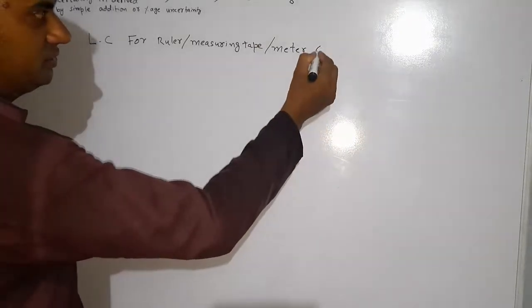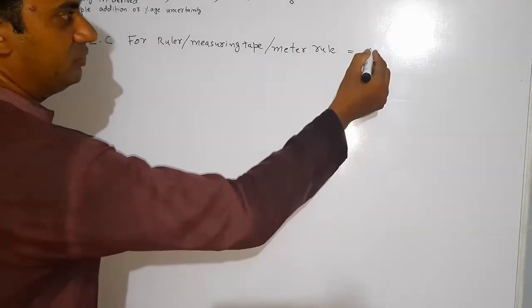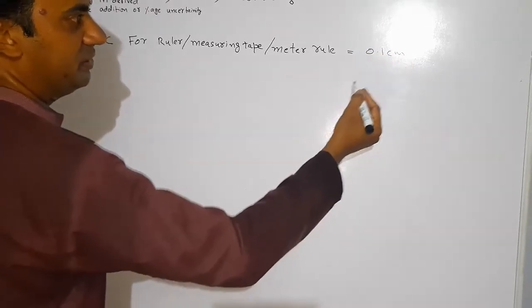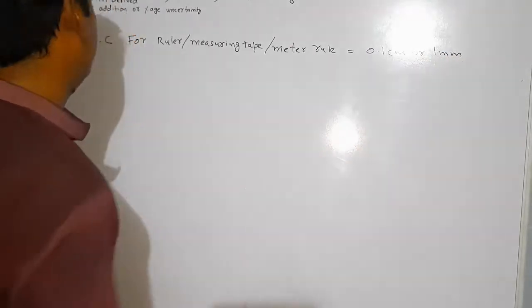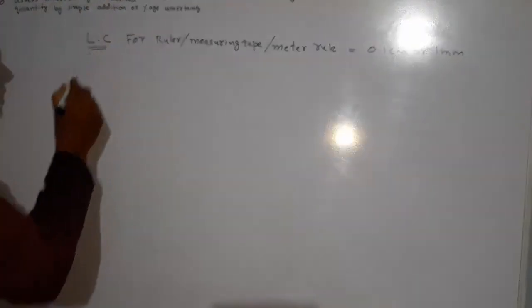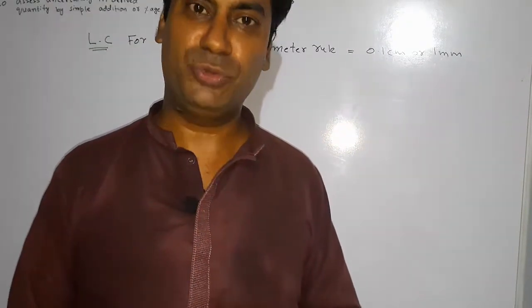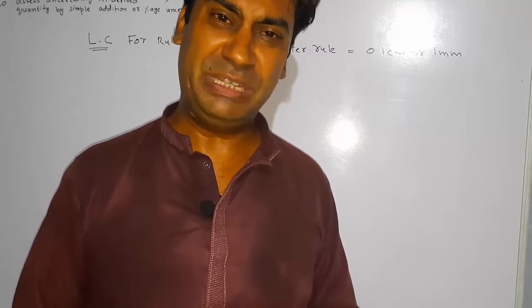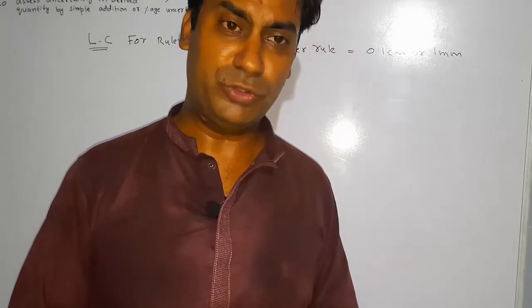For a meter rule, that is equal to 0.1 centimeter, or we can write 1 millimeter. This least count, the minimum measurement made by an instrument, we can also call absolute uncertainty. What does absolute uncertainty mean? It means this uncertainty must be present whenever we measure.